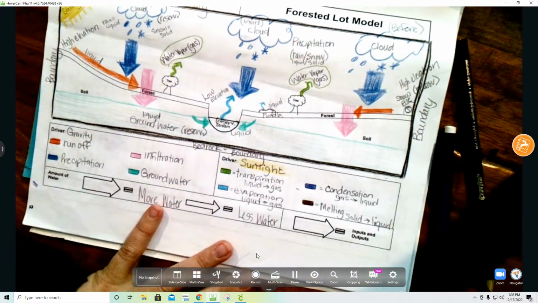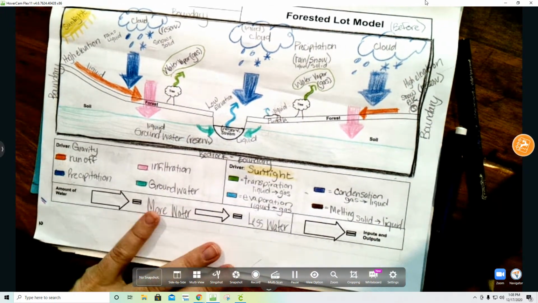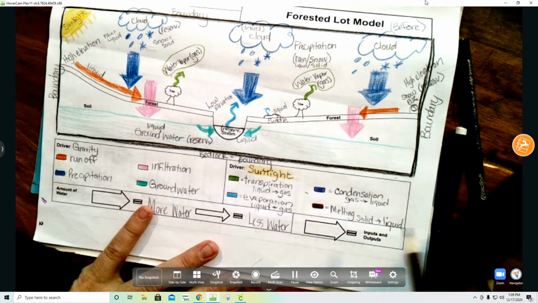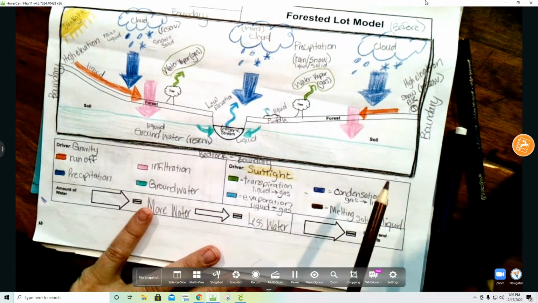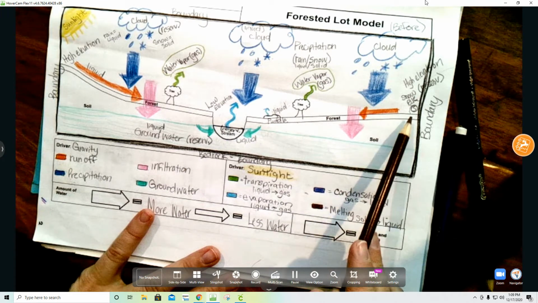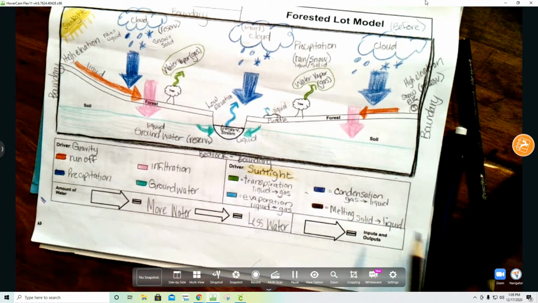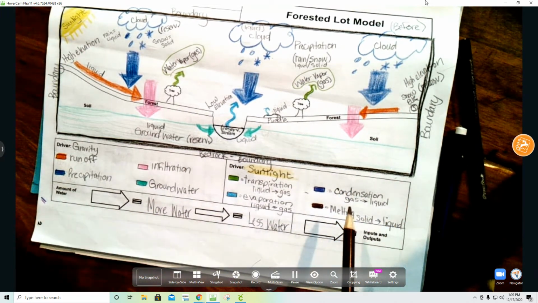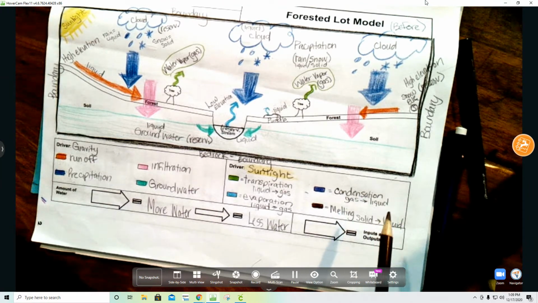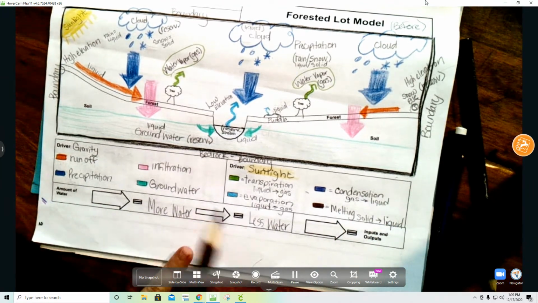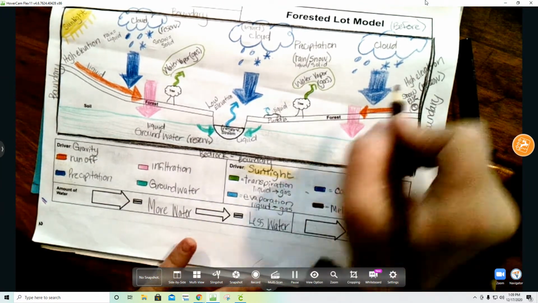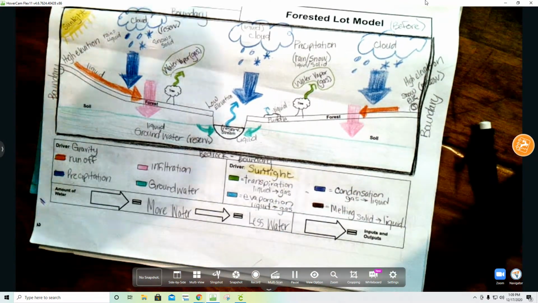Okay. So melting, we really only see this in a very small spot on our model. Now, again, this small spot really represents like a whole season change. Whenever we have snow melting, going from solid to a liquid, we see that. But in our model, it's just like the apples in the grocery store.